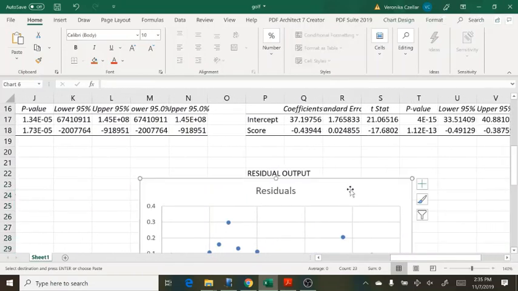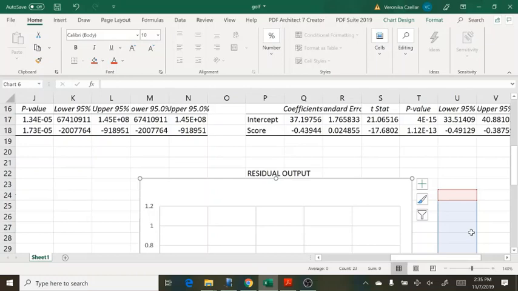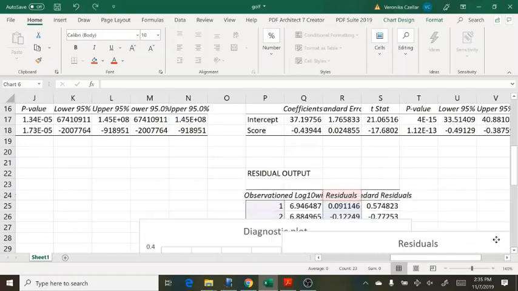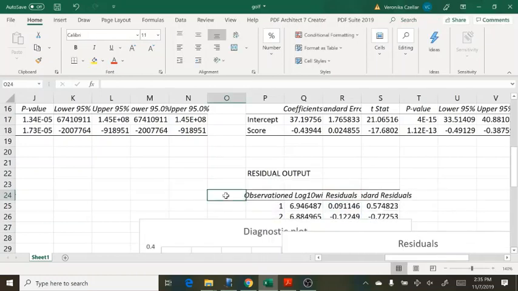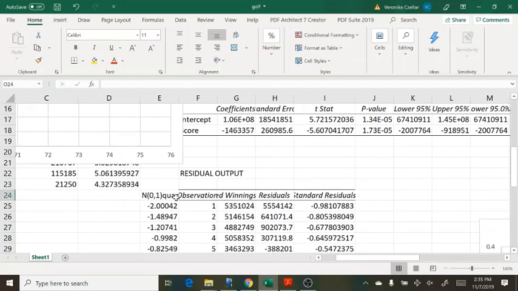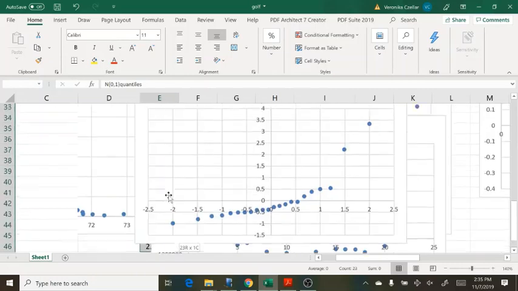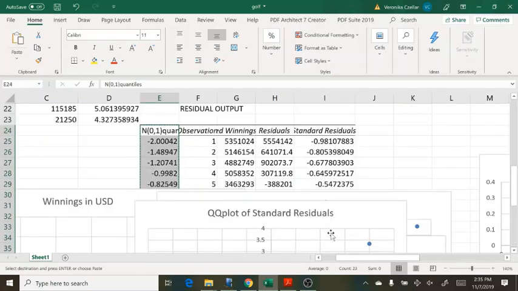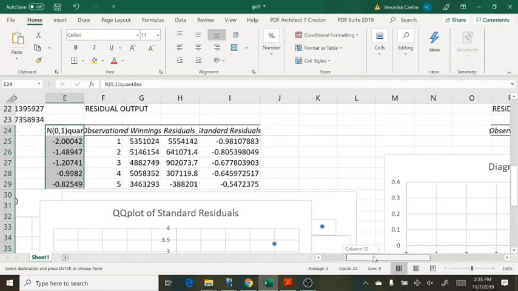Here you go. I copy this column with my standard normal quantiles here.